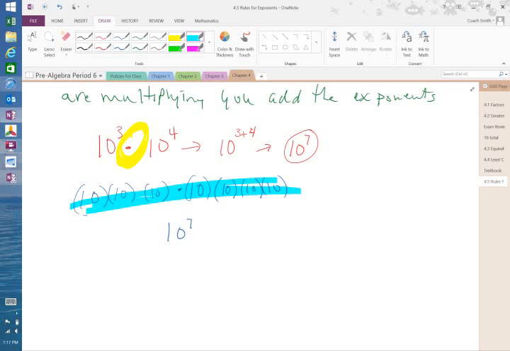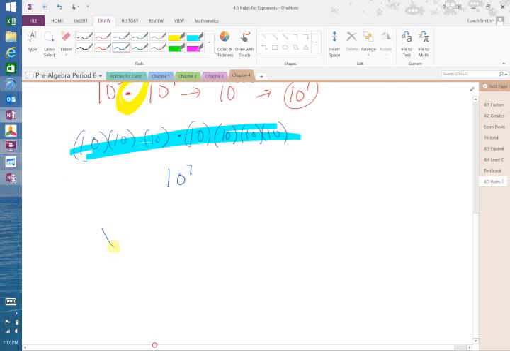Okay? Now, where you're going to see it mostly is when you have things like this, x to the third times x to the 7th. That's why I use the little dot instead of the time symbol. Because then it would look like this, and then you would ask me, why did you make that one x so small?